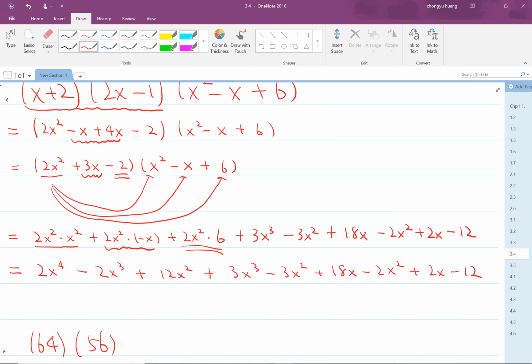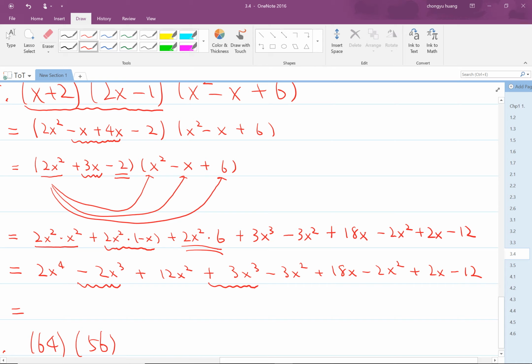We have a negative 2x to the power 3, and over here we have a 3x to the power 3, so we can simplify those two terms.